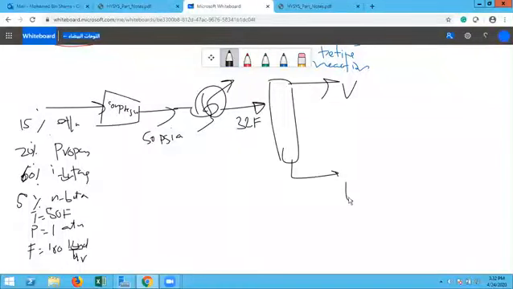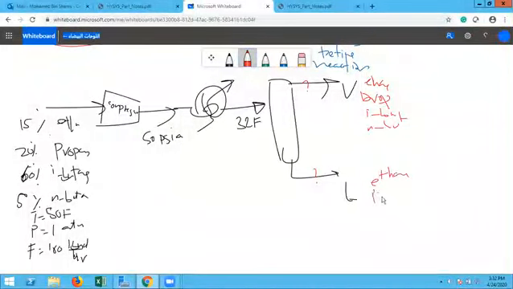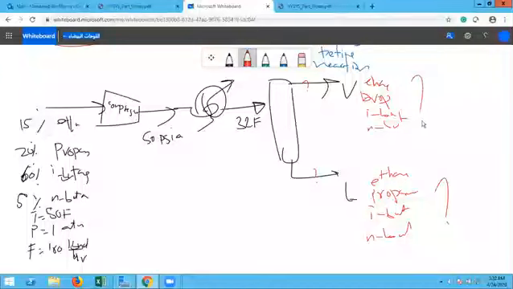Then the question asks you, what is the flow rate here, what is the flow rate here, as well as the composition of ethane, propane, isobutane, and normal butane. And the same here: again I will have ethane, propane, isobutane, and normal butane, and he's asking again what the compositions are. So you can see that the problem is a mix of energy calculation.